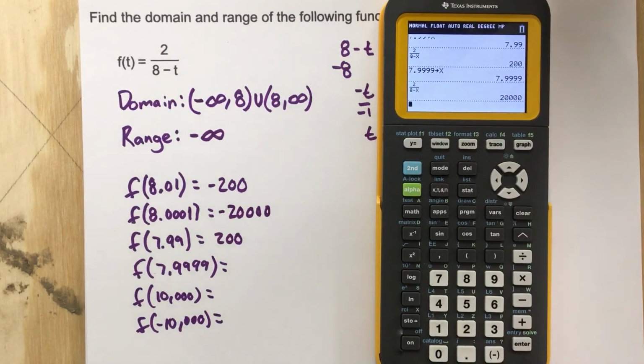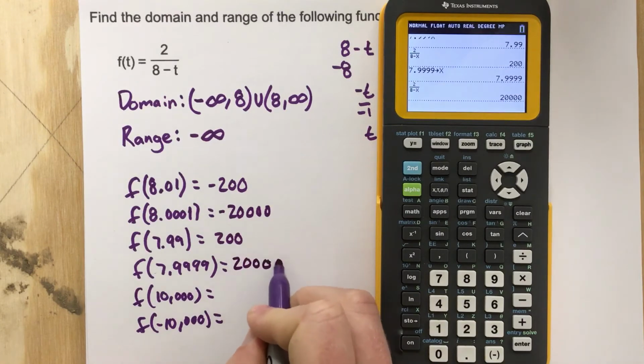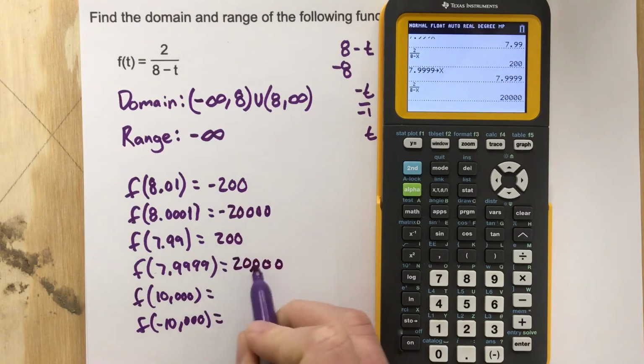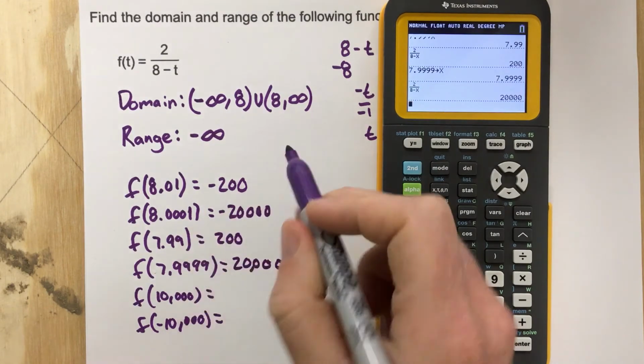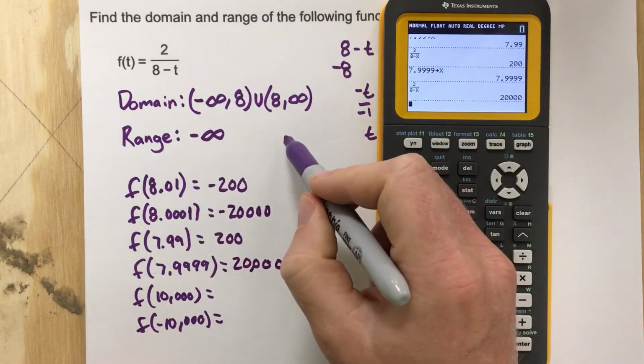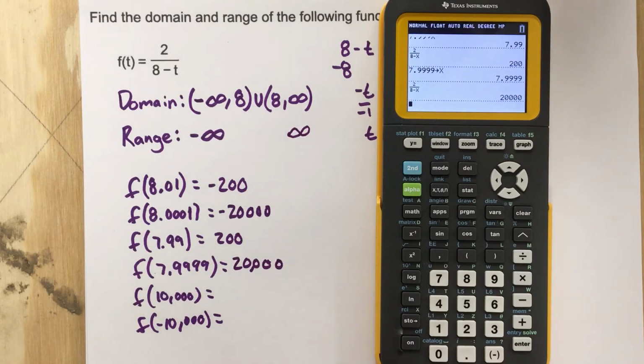Grab that function. That's 20,000. So again, I went from 200 to 20,000 as I got close to 8 from the left. I'm approaching infinity, so infinity is going to be a part of this range as well.